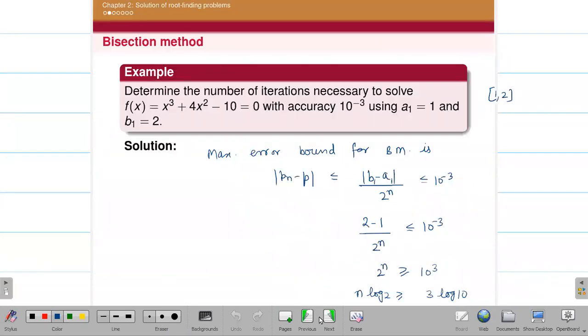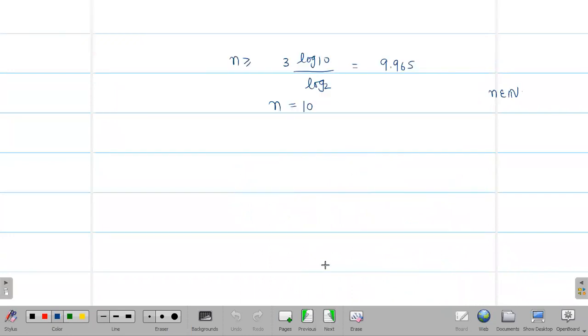Okay, so now your bisection method is over, and here we have done one method, that is bisection method. In bisection method, three types of questions can come. First, you have to find the root by bisection method. Second, proof of maximum error bound.